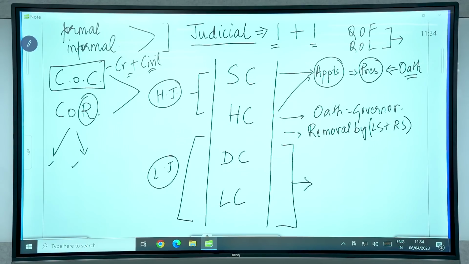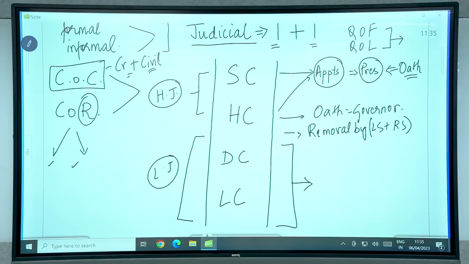But how is that done? Let's understand this rather clearly. The state government will conduct a written entrance exam. It will have an interview stage. The interview panel will comprise High Court judges of that state. But the appointment will be made by the governor.